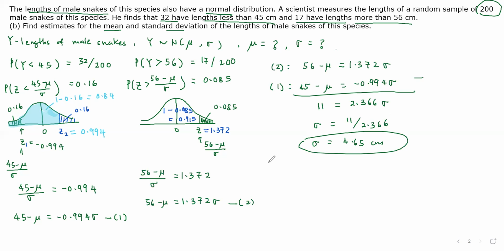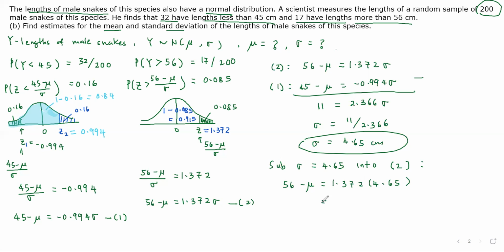To find the value of mu, we can substitute sigma equals 4.65 into either equation number 1 or number 2. Both work. I'm going to use equation number 2. 56 minus mu is 1.372 times 4.65.